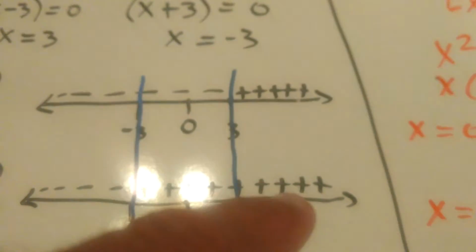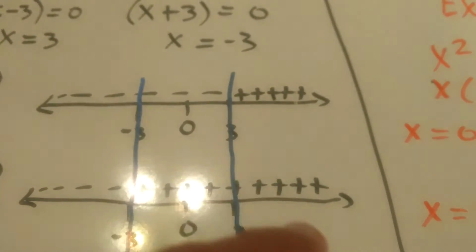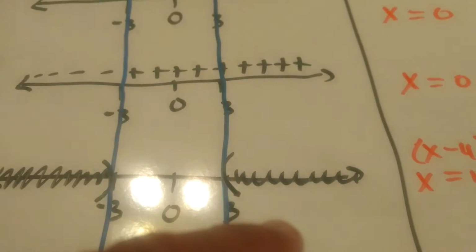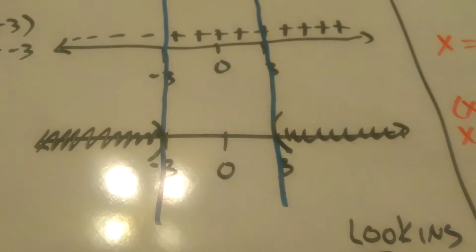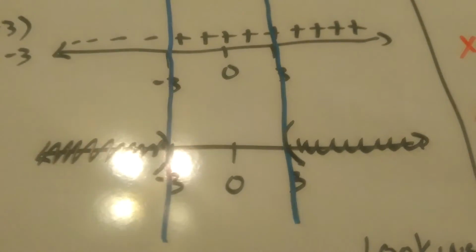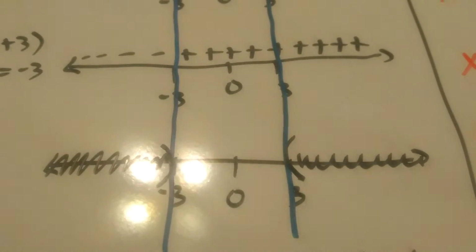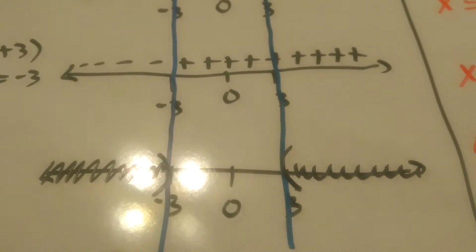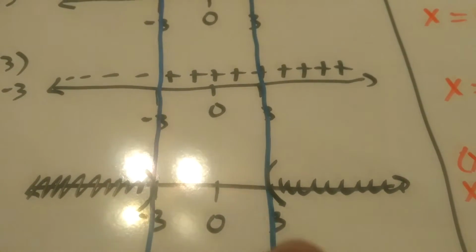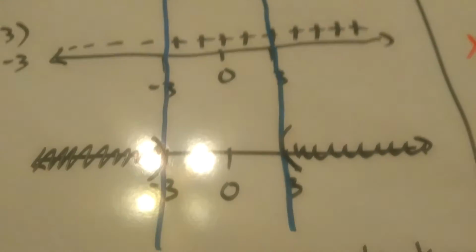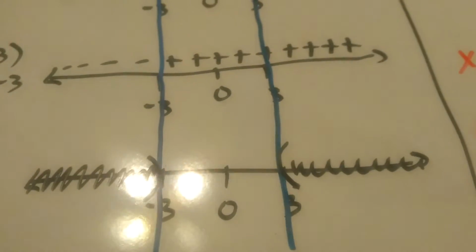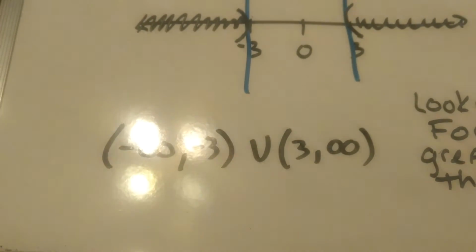Then I have a positive times a positive, which gives me greater than 0. So here's my solution: negative infinity to negative 3, union 3 to positive infinity, written like this. And here it's written like this in interval form.